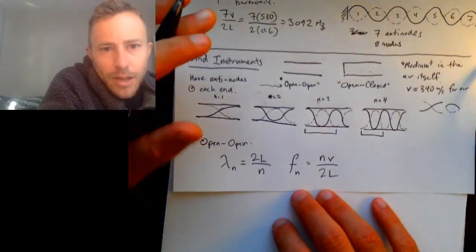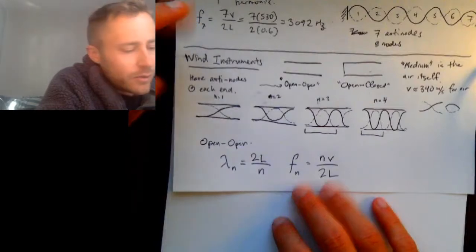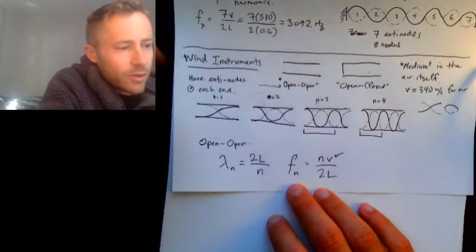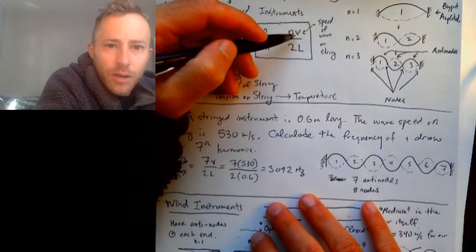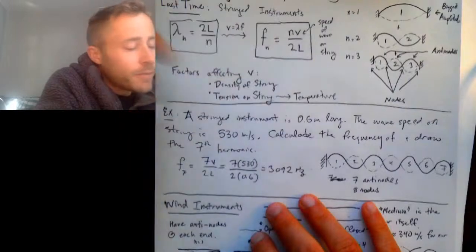But a main difference is that this v, so here in this formula, the v was the speed of a wave on a string. Okay?